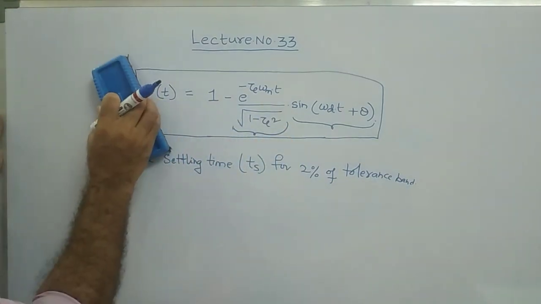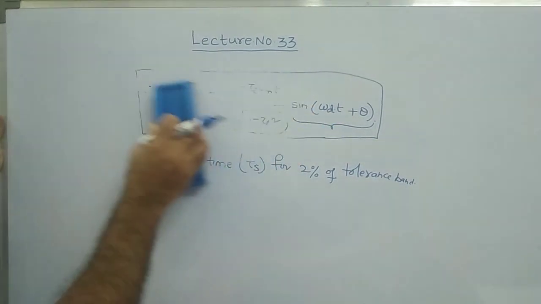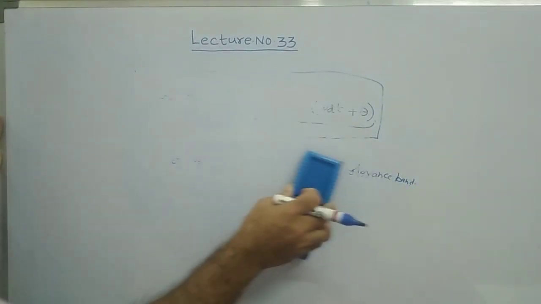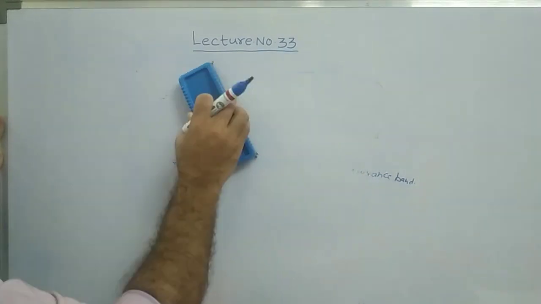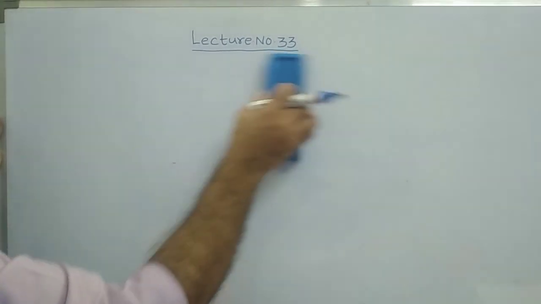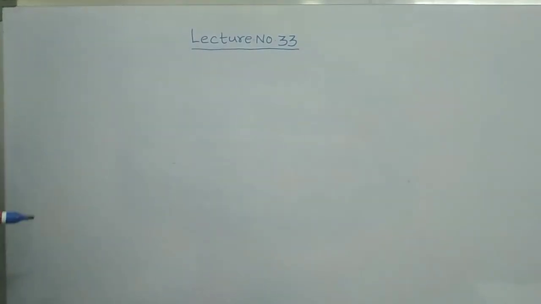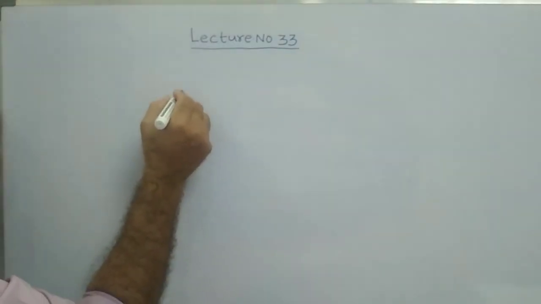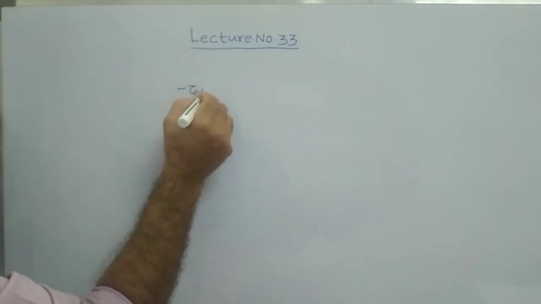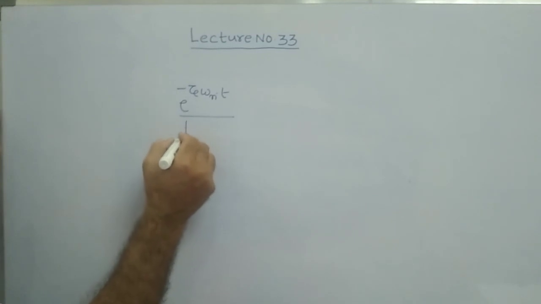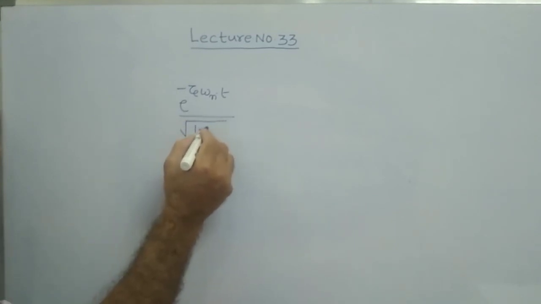Then what we will have? Let us see. That is nothing but e power minus zeta omega n into t by under square root of 1 minus zeta square.